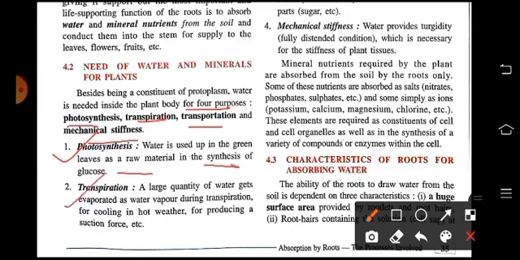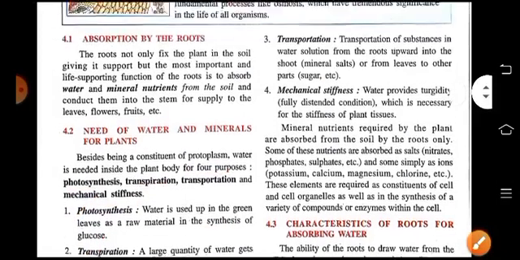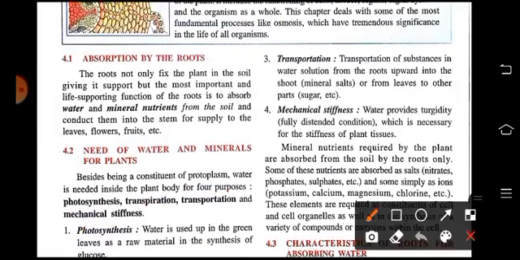A large quantity of water is evaporated from the plants during the daytime through the transpiration process, giving a cooling effect to the plant and also producing suction force. Transportation of substances or minerals in an upward direction from the roots to other parts of the plant, and it also provides mechanical stiffness which is necessary for the plant.